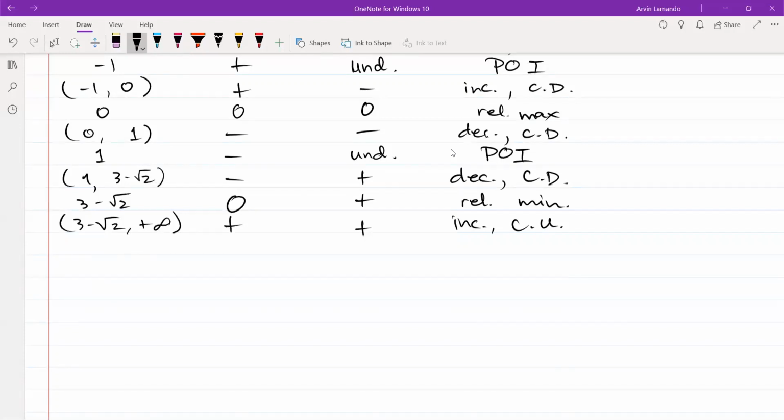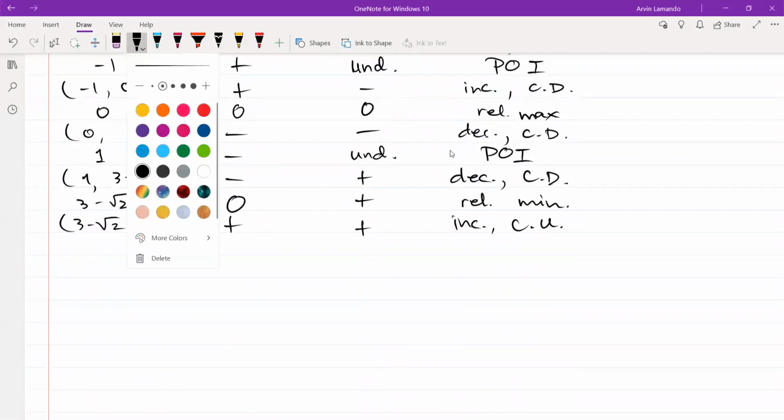So let us now proceed with the possible graph of f.